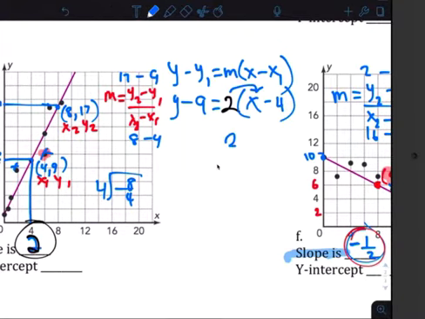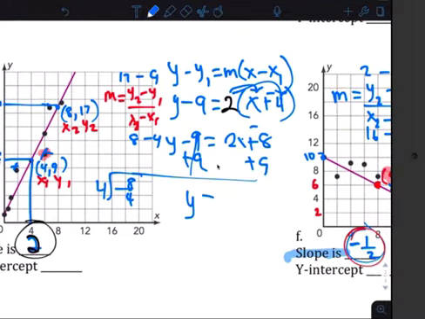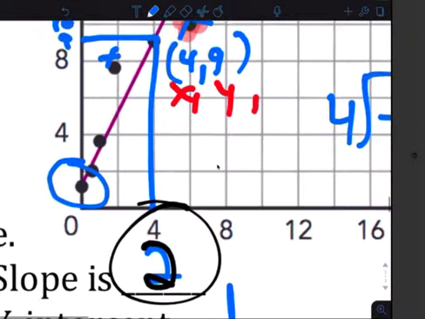Distribute, get 2x minus 8, and here y minus 9, add 9, y equals 2x plus 1. So your y-intercept here is 1, which is correct. Look at that, it's in between 0 and 2, 1, right?